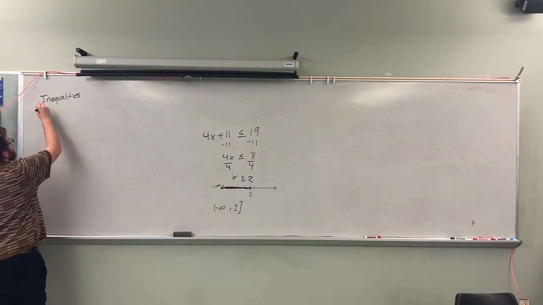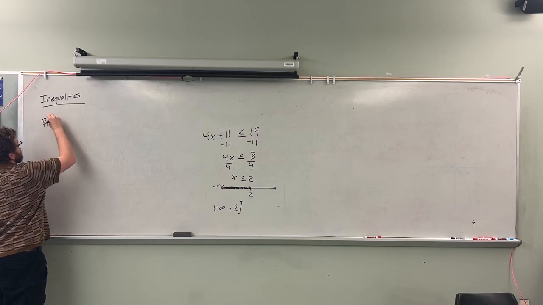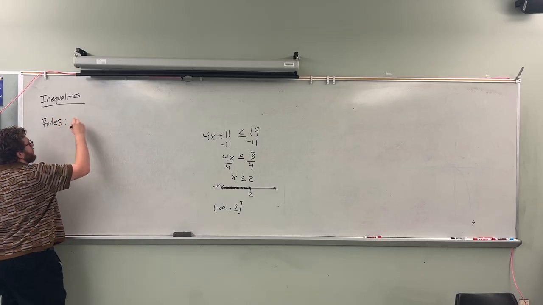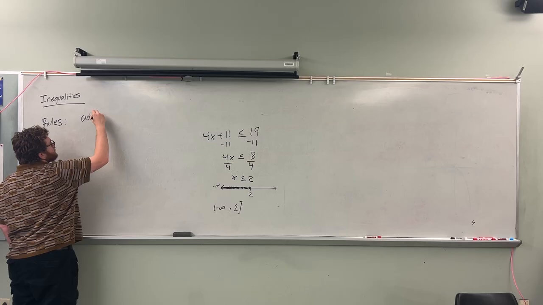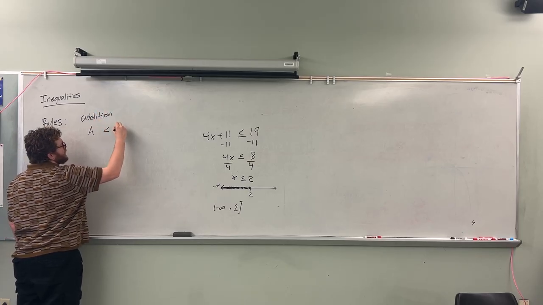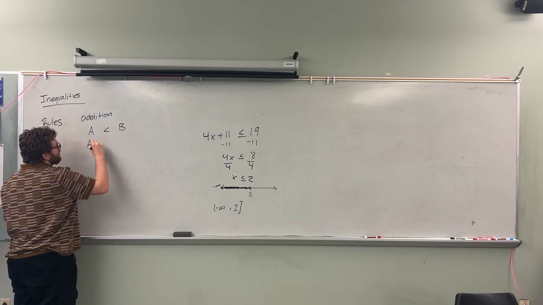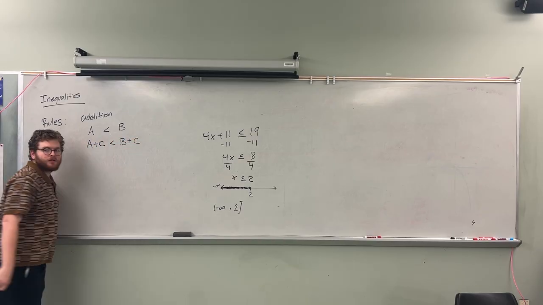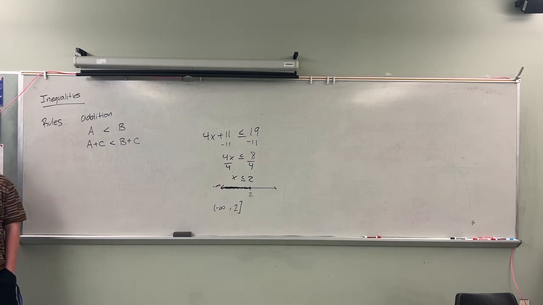This is good and all, and this works out for anything. So we'll list out maybe some rules of these, or what inequalities follow. So they have addition. That means if A is less than B, A plus C is less than B plus C. So adding stuff to both sides doesn't change the sign in the middle.